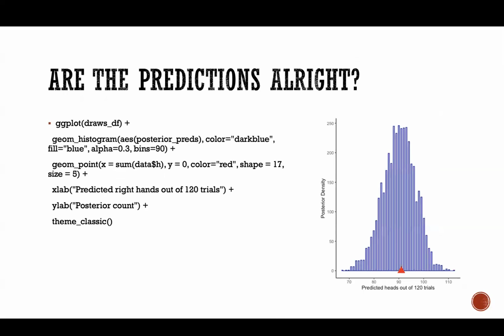But quickly, are the predictions right? We'll plot the posterior predictions that we designed before. We see that now it's shrunk from 0 to 120 to 70 to 110. That mirrors the shrinking of the posterior from the prior. The red triangle is the truth.